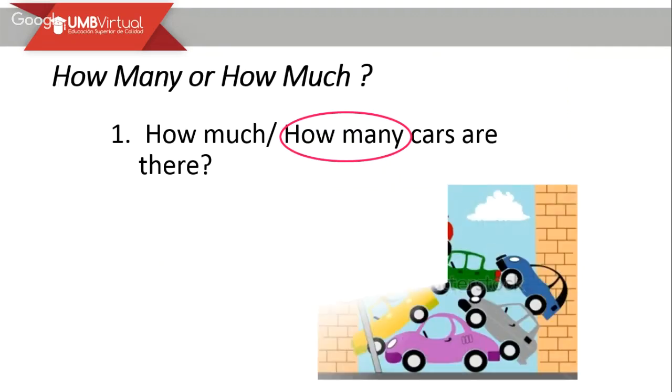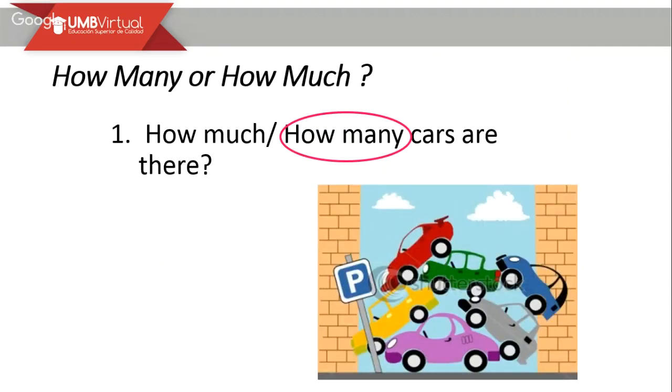So let's see where we have right here. Okay, in this picture, you can see different kinds of cars. Como tenemos como tal esa palabra, tanto en singular como plural, nos indica that is a countable thing, algo que podemos contar.